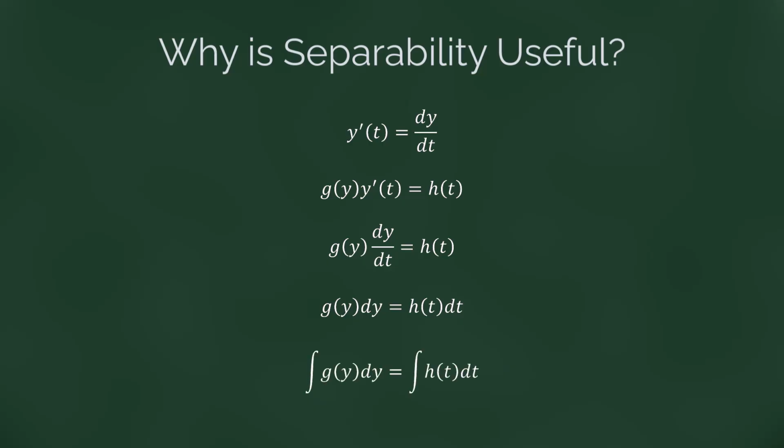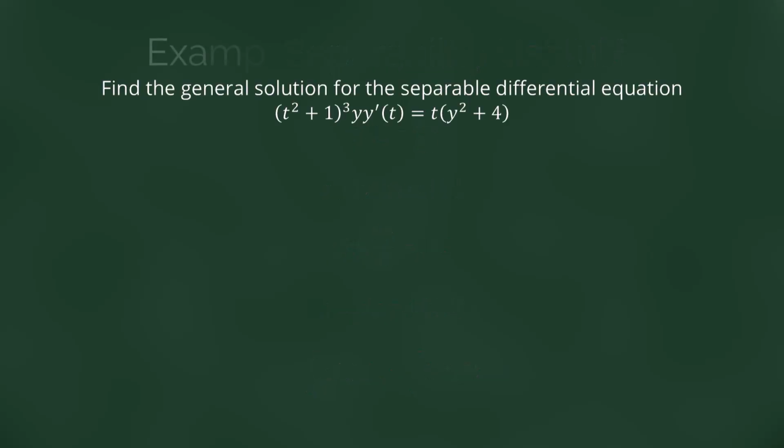We can integrate both sides to get that the antiderivative of g of y dy is equal to the antiderivative of h of t dt. If both of these have analytical antiderivatives that we can find, then we have found a solution to our differential equation. Let's work through a few examples to see how separability becomes useful.